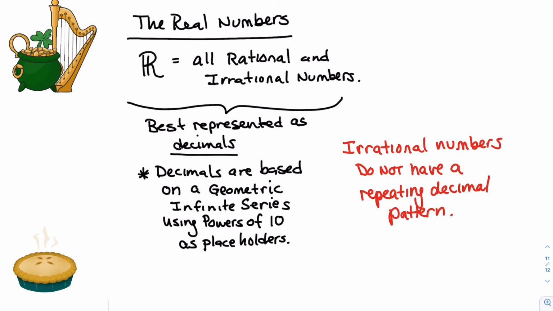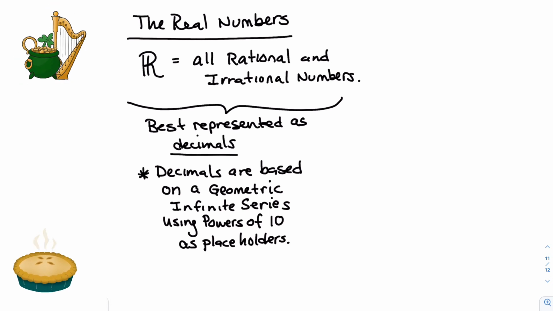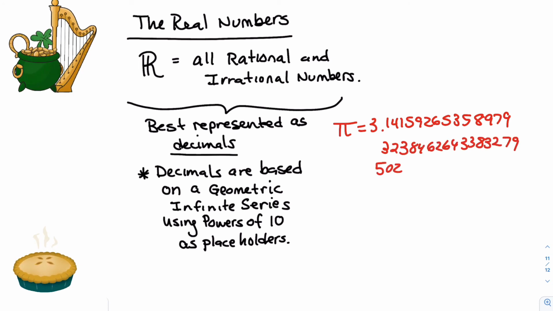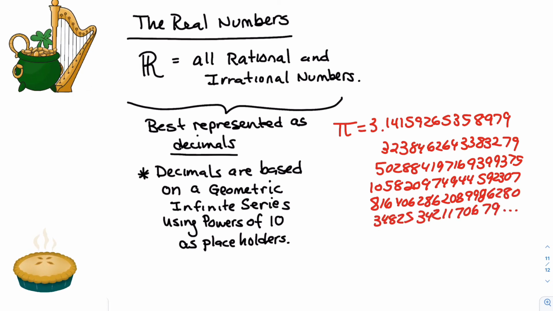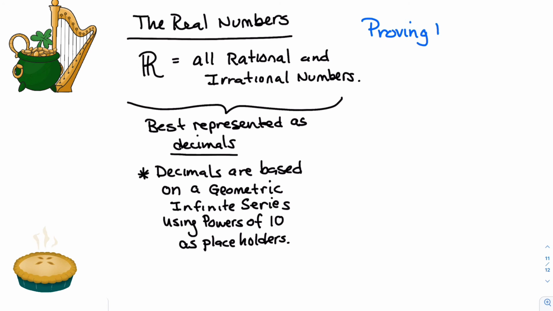They do not have a repeating decimal pattern, nor do they seem to end. For instance, our friend pi. Here's 100 digits of pi to show you that it really looks somewhat random in the way that these numbers are generated. Doesn't seem to be a pattern in sight.